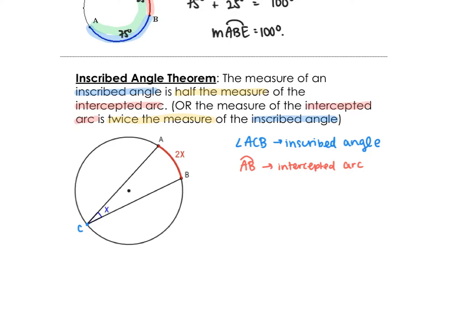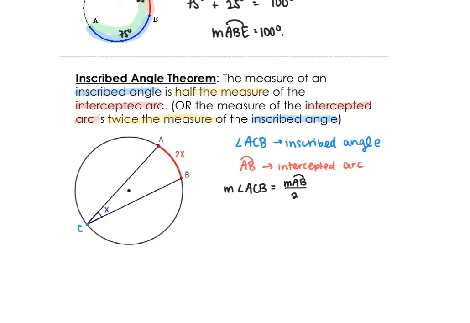So putting this into symbols, we can say that the measure of angle ACB is equal to the measure of the arc divided by 2.